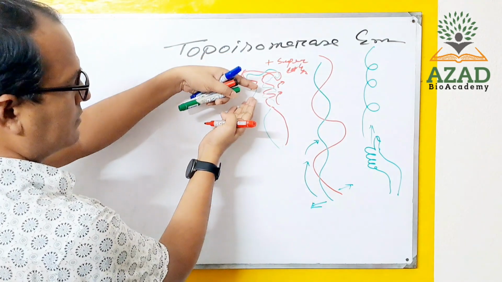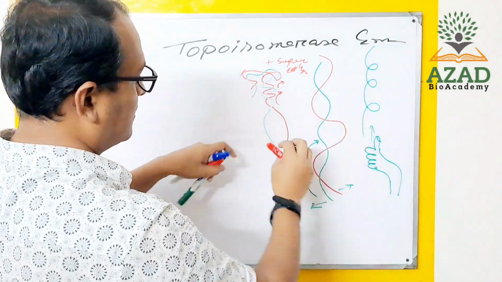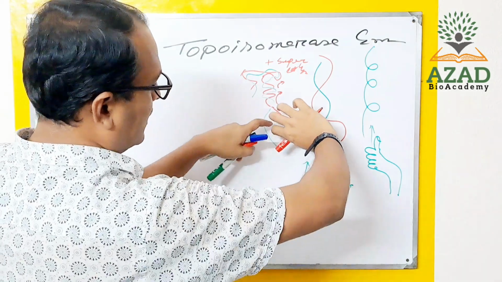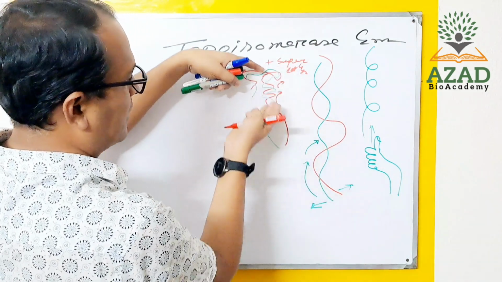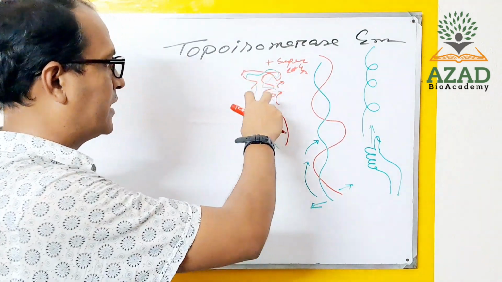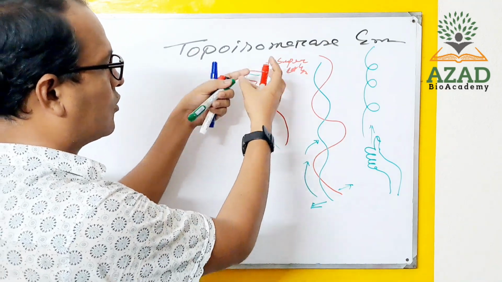And that is the problem, because when you pull the two strands, or when the helicase enzyme works on it and it unwinds, then in the backward, upstream area, the tangle, or you can say the compactness, will increase more and more, the torsion will form, and finally a tangle or knot will form.